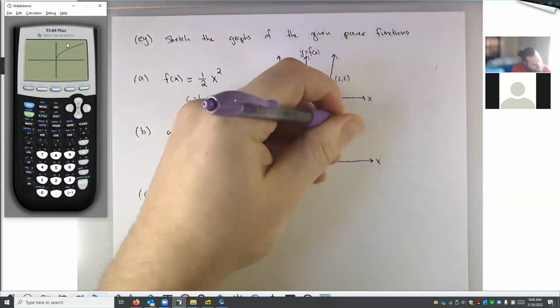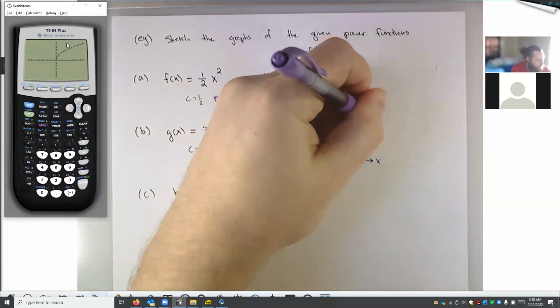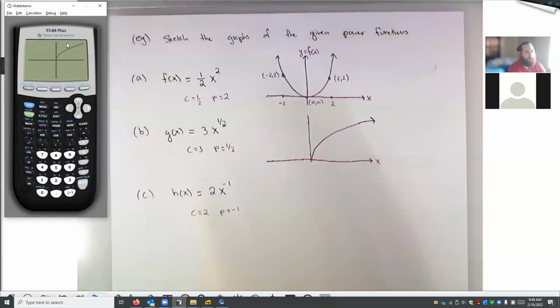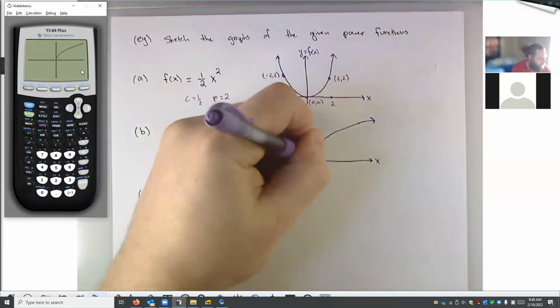And what this is, for those curious, this is actually a half of a sideways parabola. You can imagine this thing continuing down here. And there's a reason for that. It's related to something called an inverse function, which we will talk about, but not today.